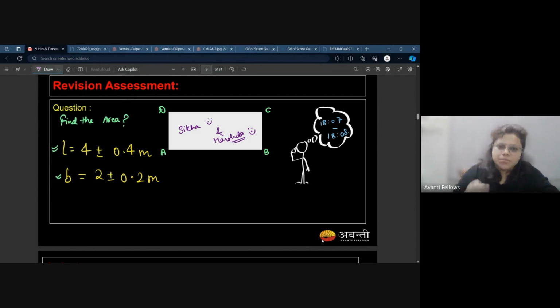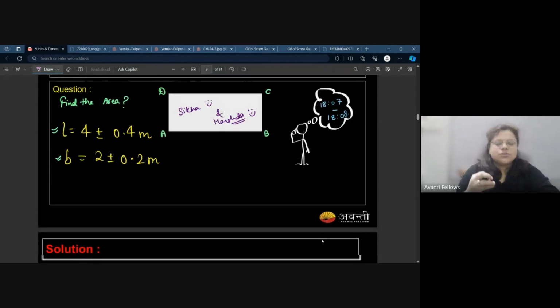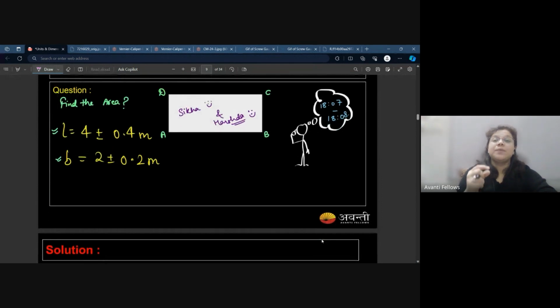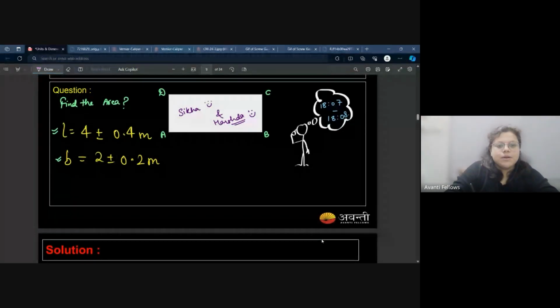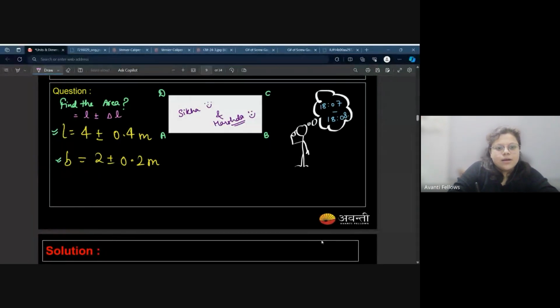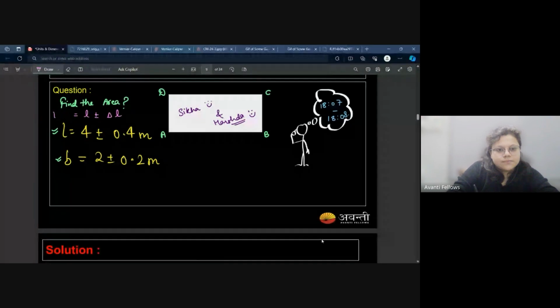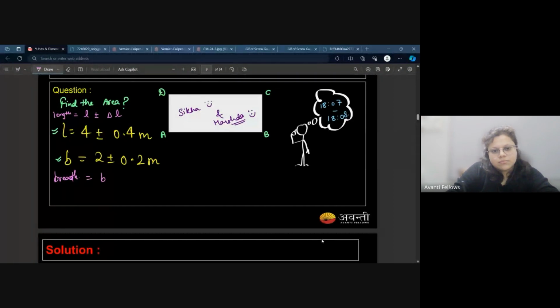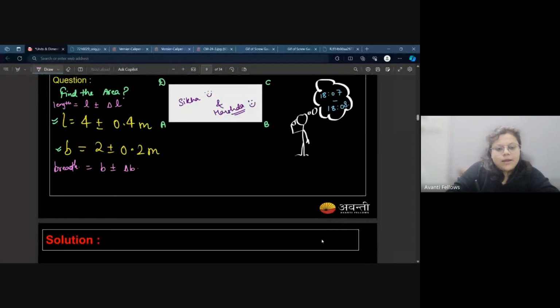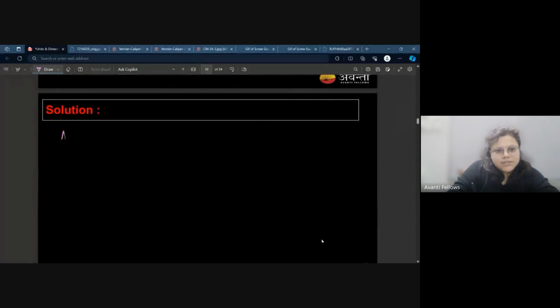We have length and breadth. The basic thing is, let's put them into the standard form, L is equal to the value plus minus the error, like this. That's how you represent the data. When it comes to the area of the rectangle, area is equal to length into breadth.